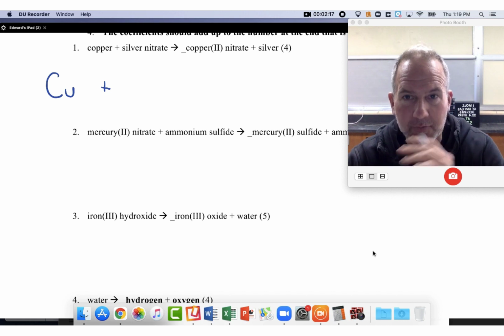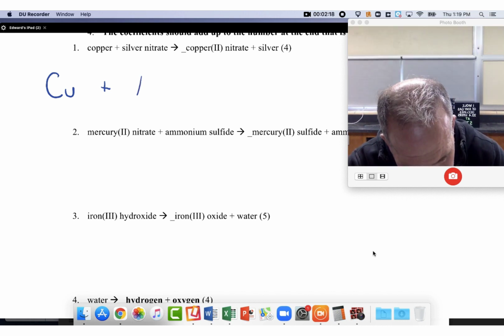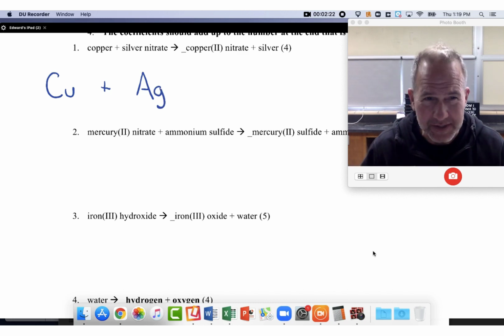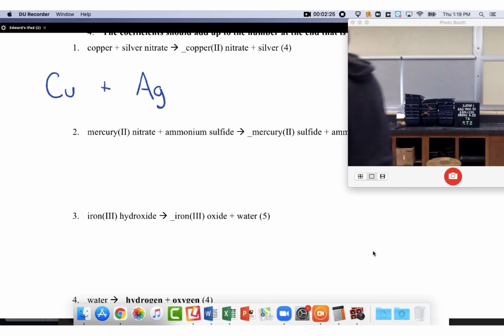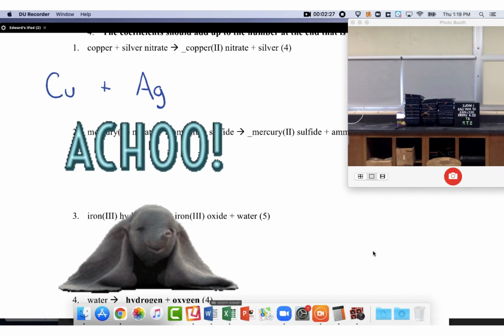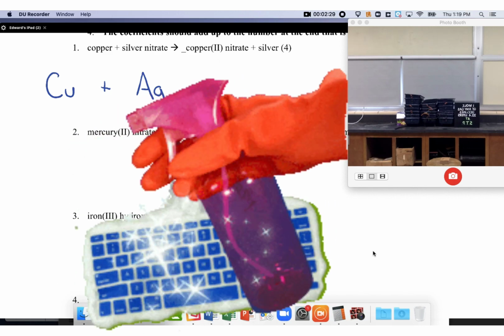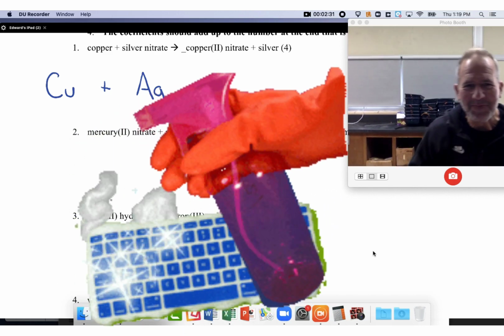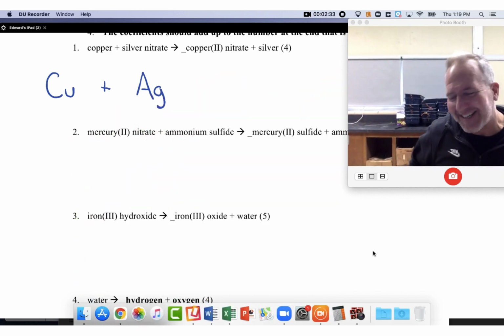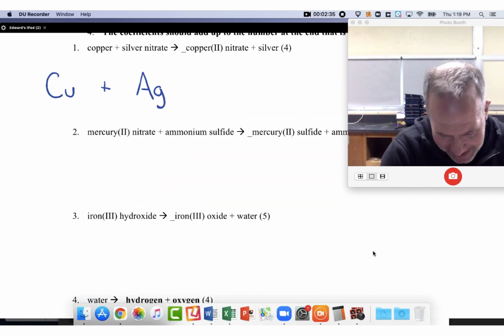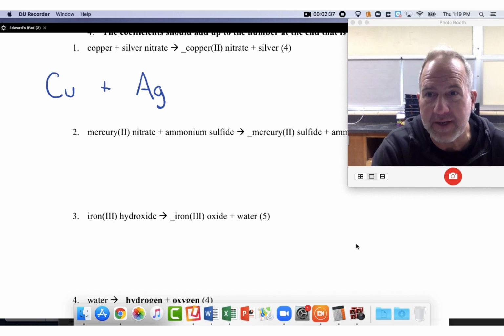Now, silver's Ag. Okay, and we know Ag, and we have to find out what that charge is.